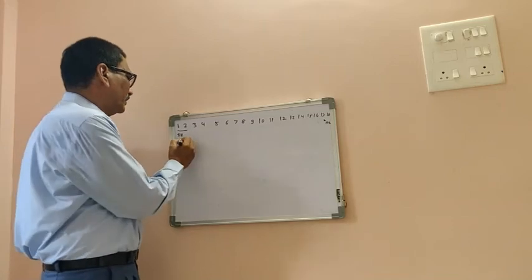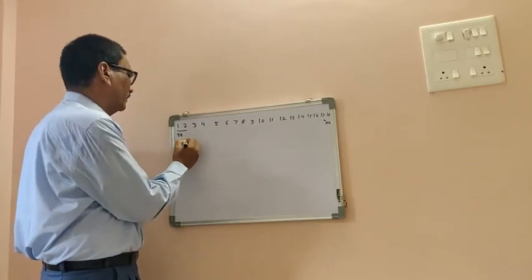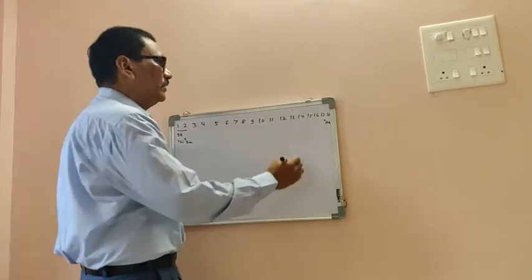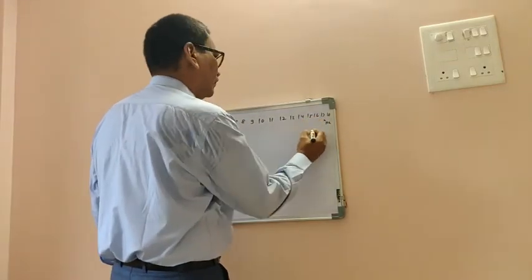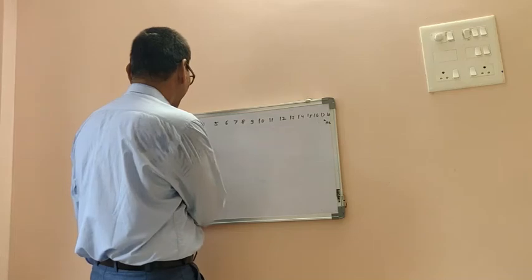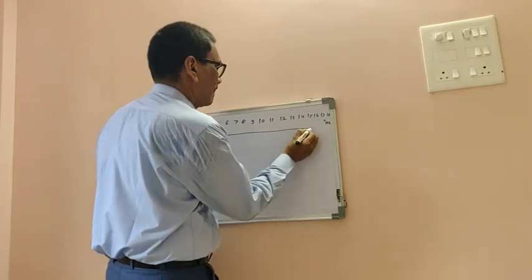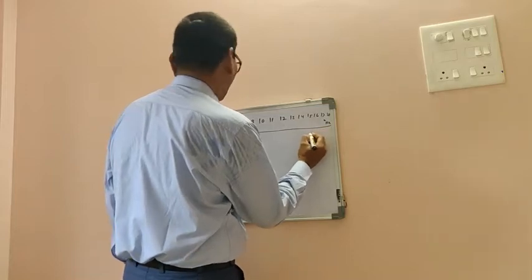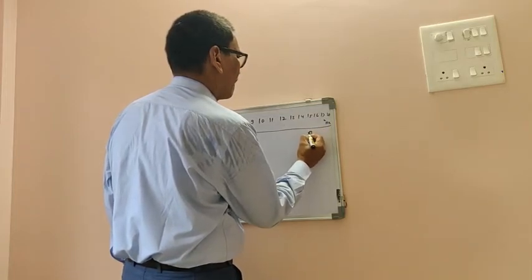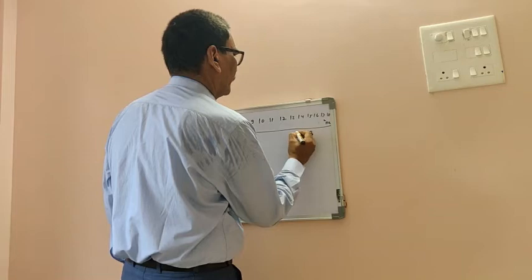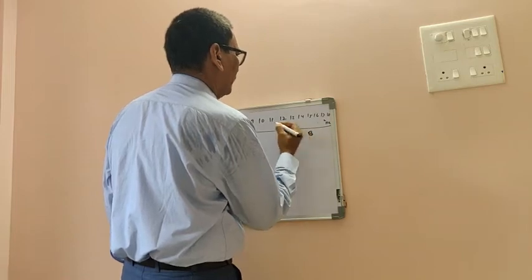Next will be lithium, atomic number 3, then we have beryllium 4. Then from group 13 we have boron, number 5.